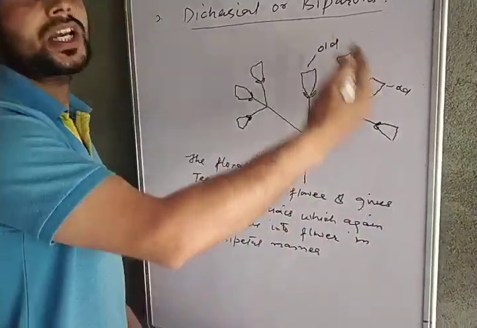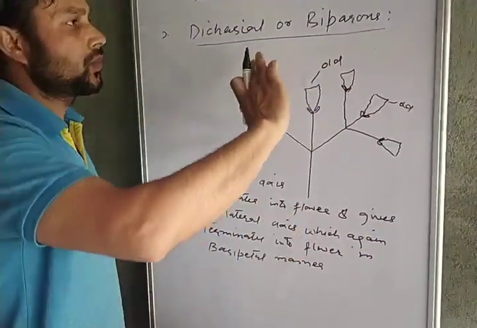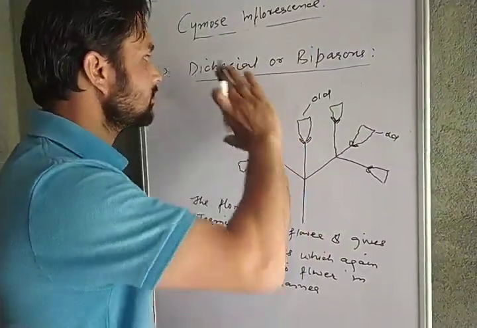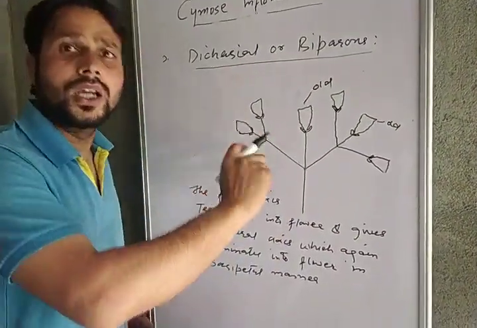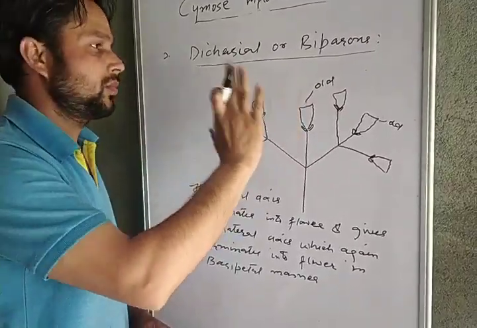Okay, and this process continues. This is called dichasial or biparous type of inflorescence.